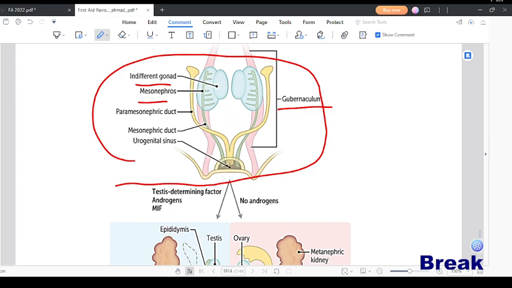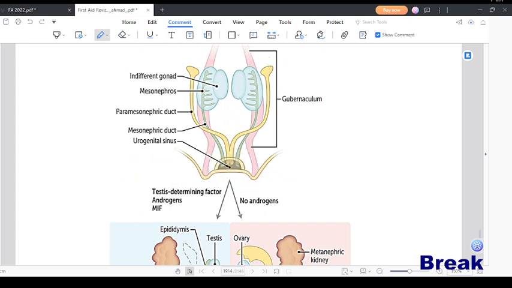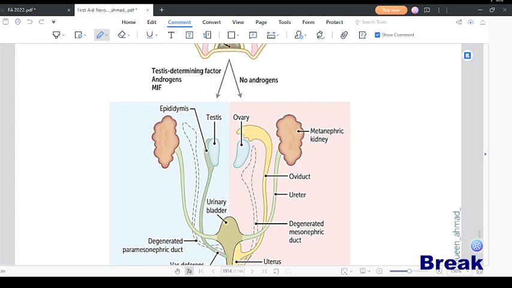Then we have the paramesonephric ducts, the mesonephric duct, and the urogenital sinus that will form the lower part of the vagina. Then we have the testis determining factor, androgens and Mullerian inhibitory factor, which are secreted due to the presence of the SRY gene, and no androgens because of the absence of the SRY gene.